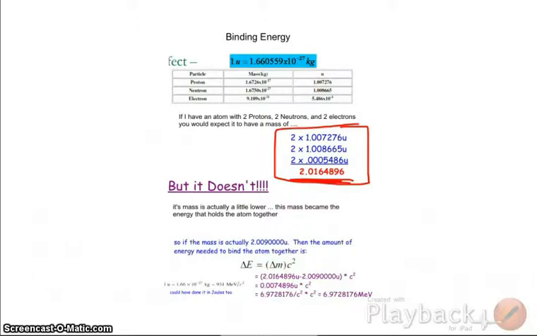Einstein theorized that the mass becomes energy which holds the atom together. So if the mass is actually a little bit lower, 2.009 rather than 2.016, the amount of energy needed to bind it is the difference in the mass times c squared.